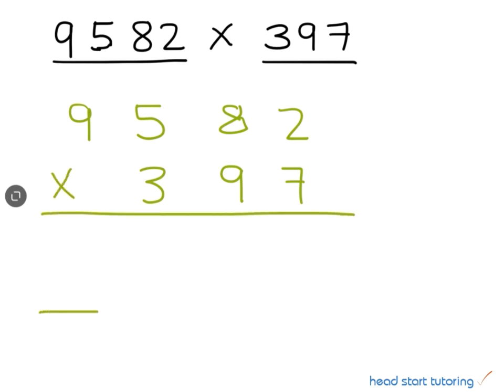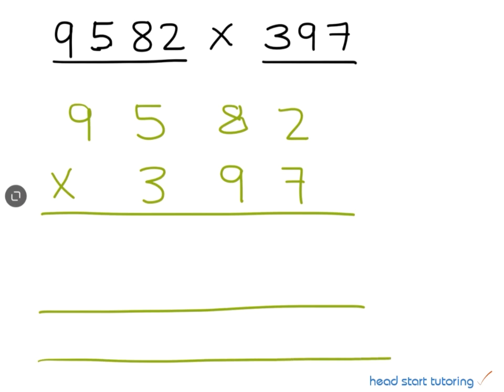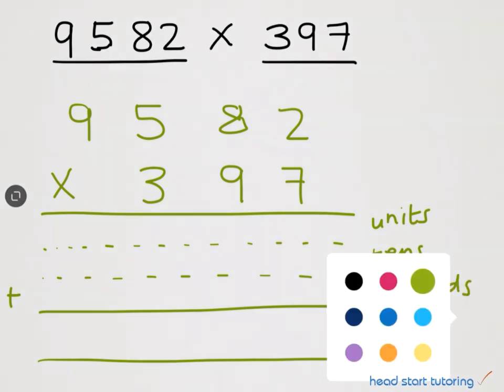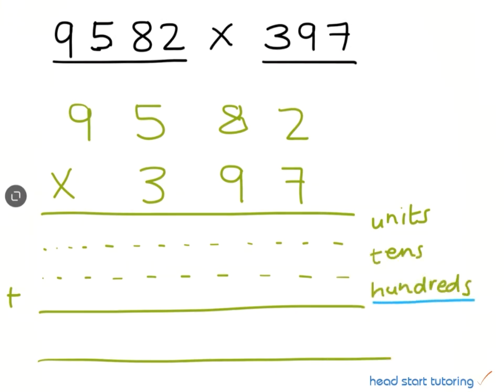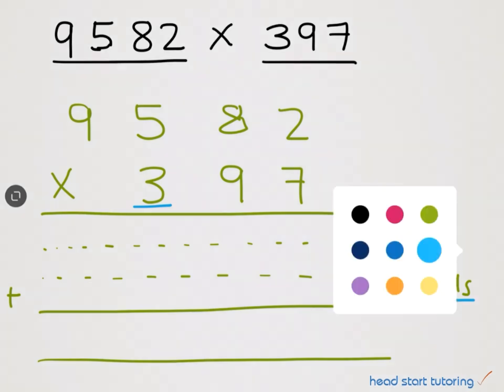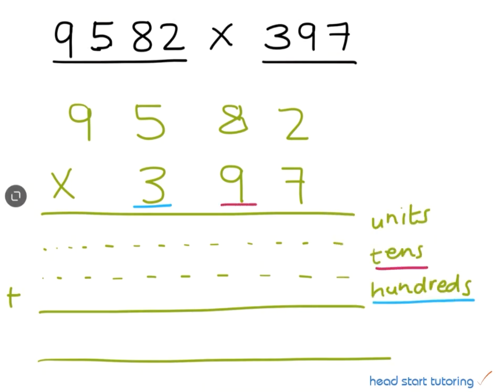Now we need to make space for 3 lines in the middle here, because we are going to be working with the units, then the tens, and then the hundreds, because our hundreds is our 3, and our tens is our 9, and our units is our 7.